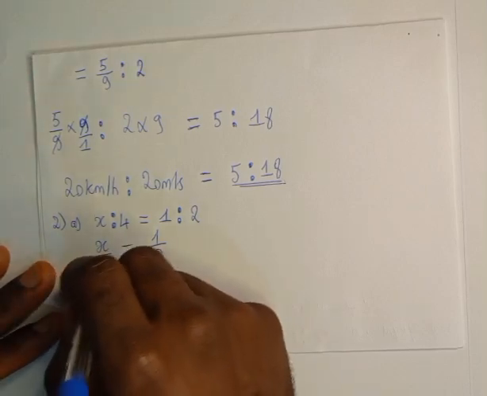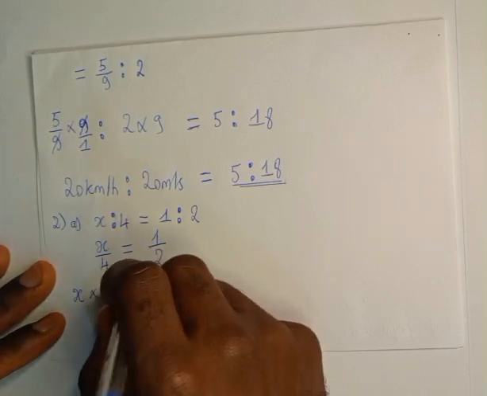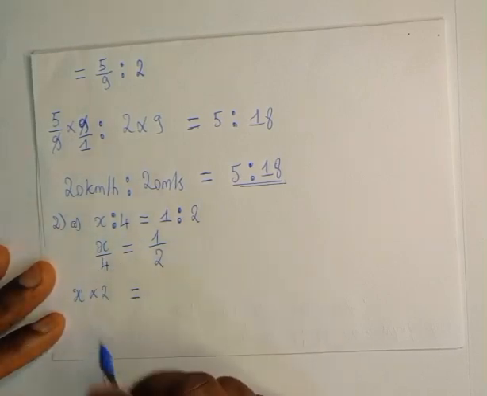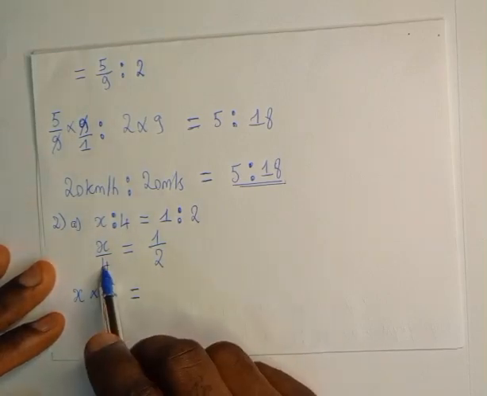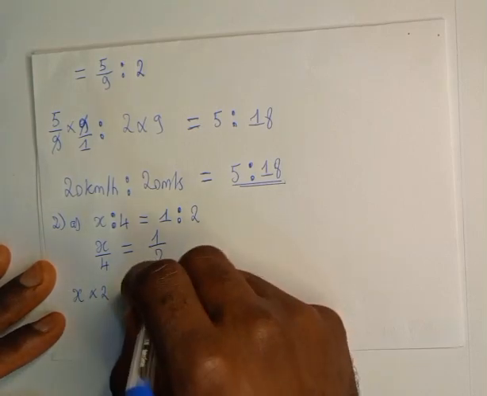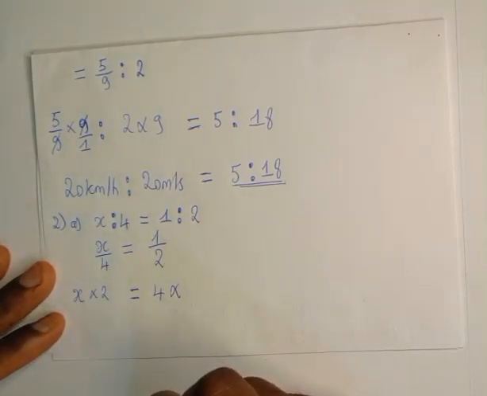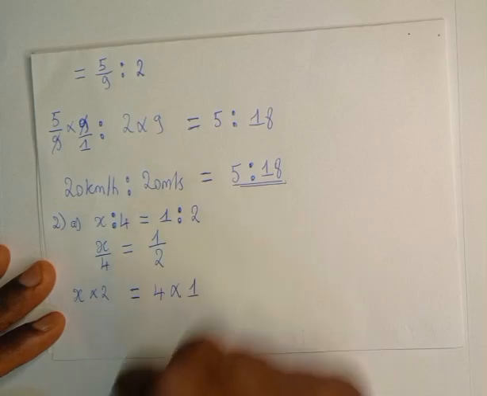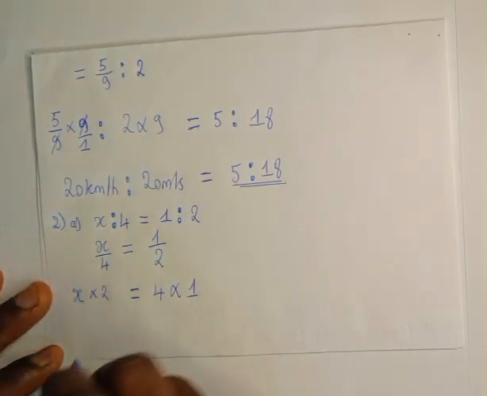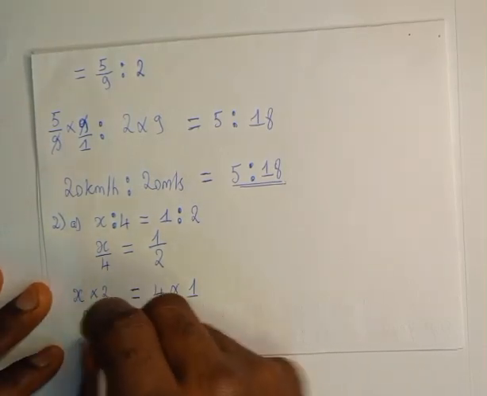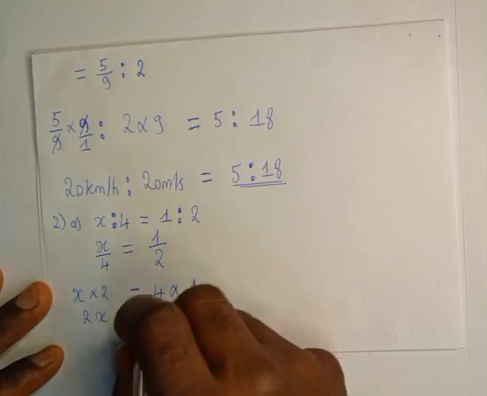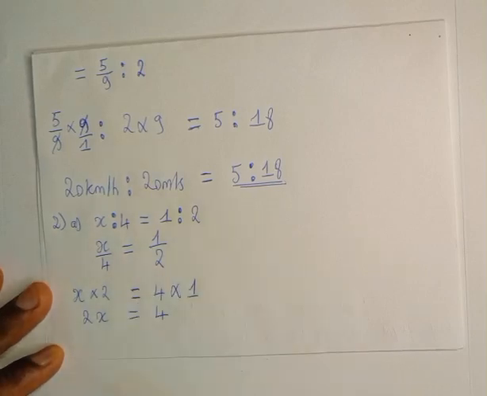This will give us x times 2. We put the equality sign is equal to, we take the denominator of the fraction at the left hand side, 4, times the numerator of the fraction at the right hand side, 1. X times 2 gives us 2x is equal to 4 times 1, which is 4.